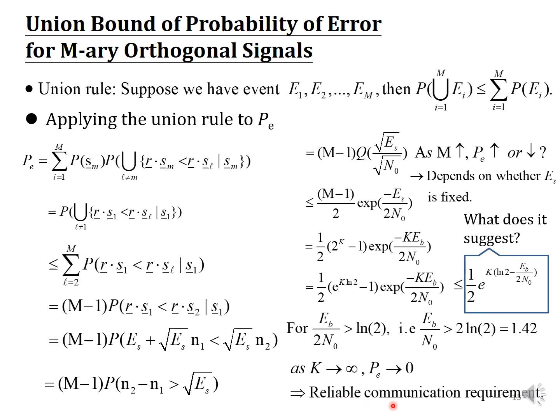This is called the reliable communication requirement. That is, when Eb over N0, which represents the signal to noise ratio per bit, is greater than a certain value, this exponent would be negative, and it is possible to have the symbol error probability approach 0, as small as possible, as long as this SNR is large enough.